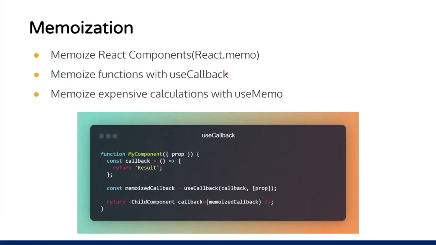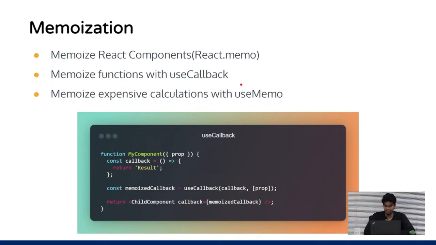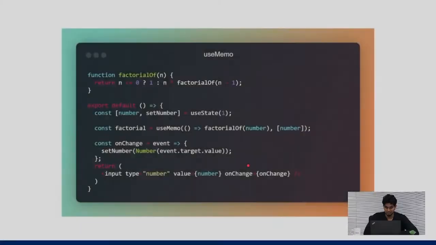So that is the use of memoization, and there are two other things as well, useCallback and useMemo. Here I have added a small example of how you can use useCallback to memoize your callback functions, and also a simple code snippet to show how you can use useMemo to memoize your calculations.